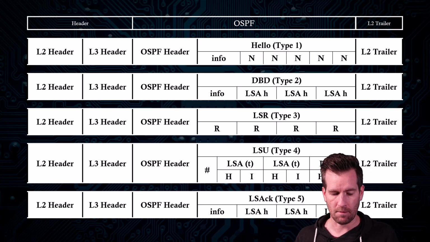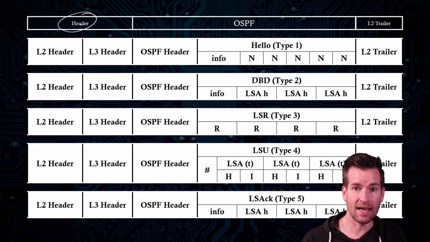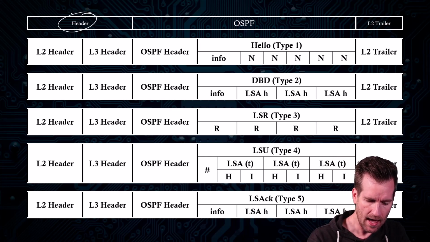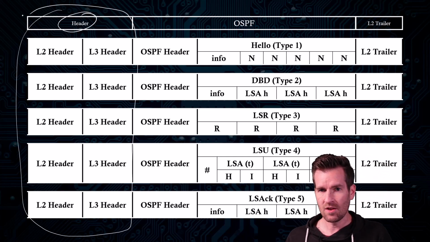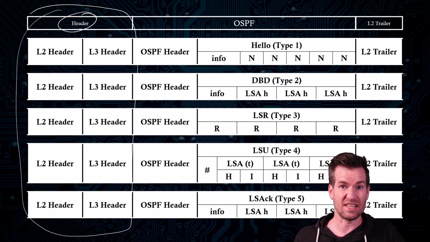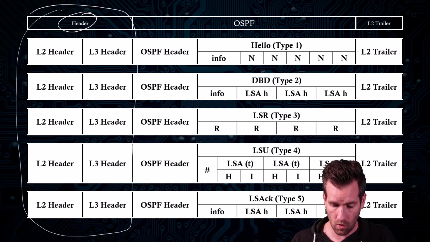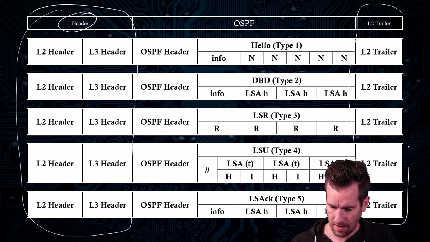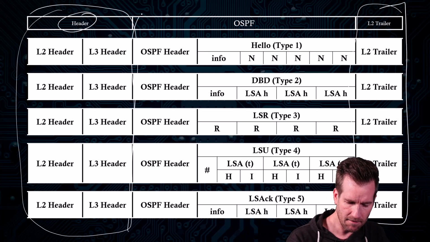All right, so what we have here is it's showing the Ethernet frame. The Ethernet frame has a header on it, the layer 2 header on here, and I've also included the layer 3 header on here. So that's going to be just the standard layer 2 and layer 3 information that we've already been talking about throughout this whole course. And the layer 2 trailer, same thing right there. But what we have here is the OSPF header.